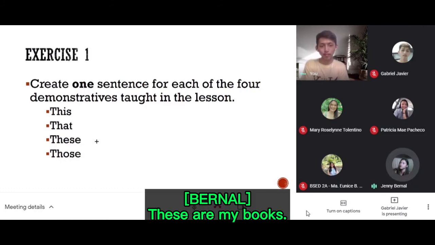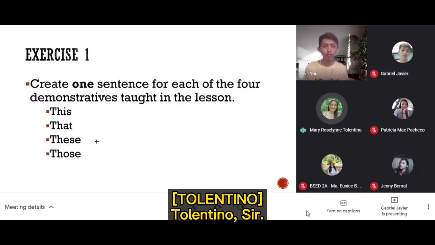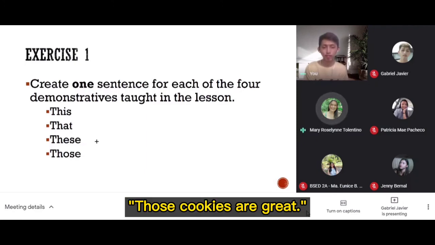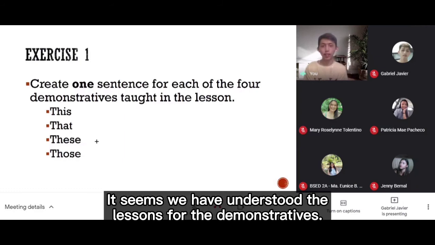These are my books. Okay, very good. And lastly, can anyone give me a sentence for those? Okay, Tolentino. Those cookies are great. Okay, that's excellent. It seems you have understood the lesson for the demonstratives.